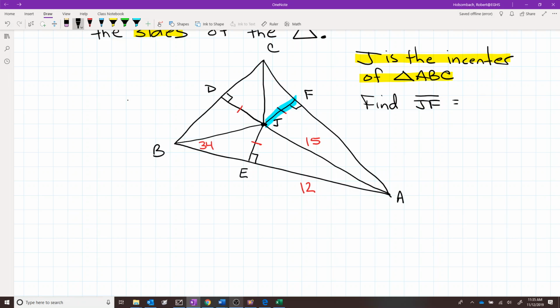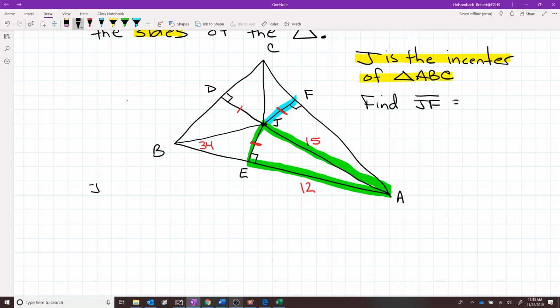So if you look at the triangle adjacent to it, look at triangle JEA. Triangle JEA is a right triangle, and you're missing one side of that triangle. And the side that you're missing is congruent to this piece JF, which you're trying to find. So since you know two sides of this right triangle, you can use the Pythagorean theorem to find side JE.